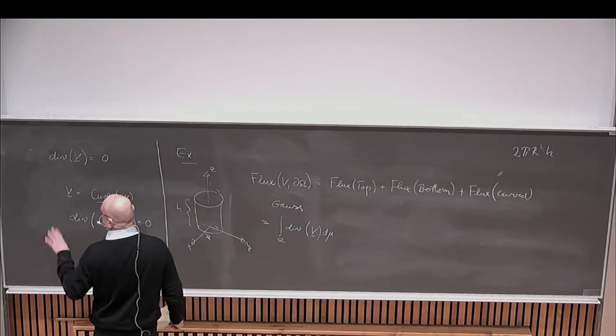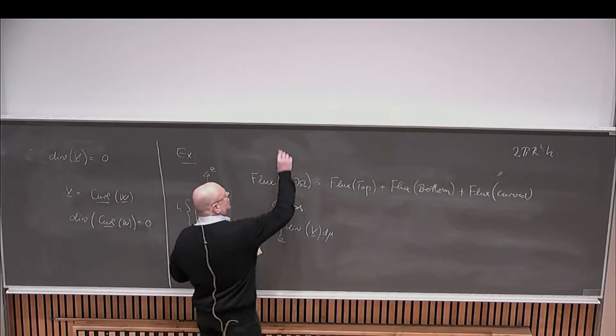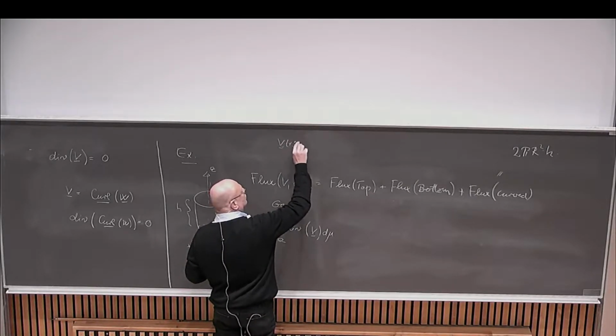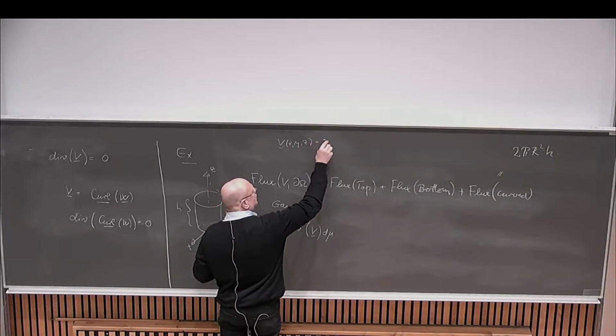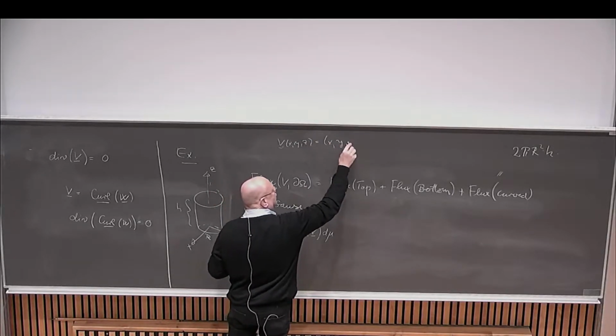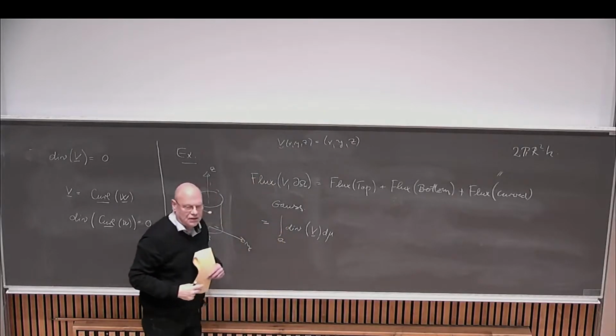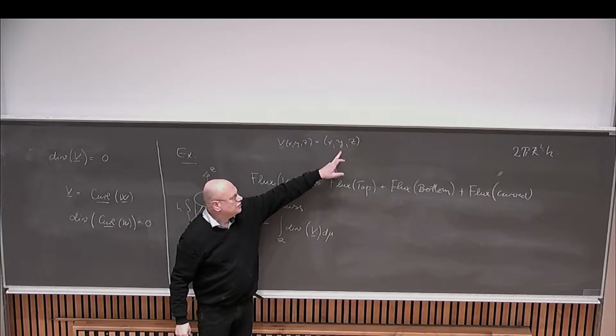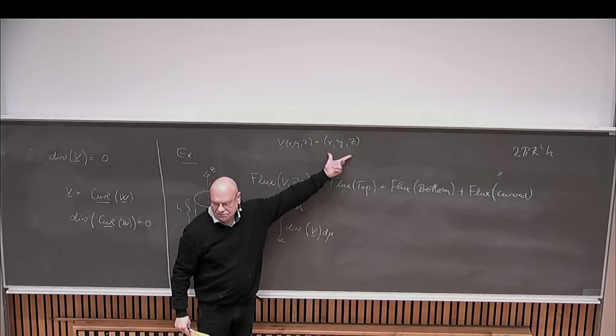Now, my vector field, remember, was the explosion vector field, so it was simply x, y, and z. And the divergence of this explosion vector field is 1 plus 1 plus 1, that is 3.